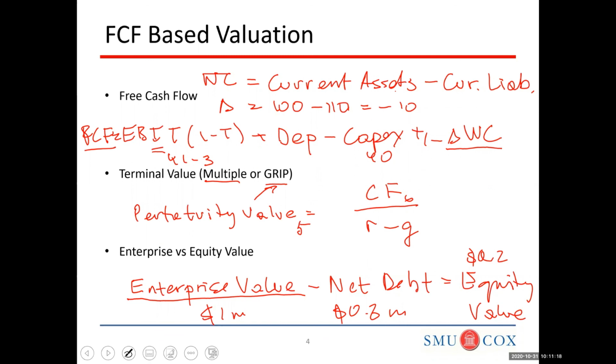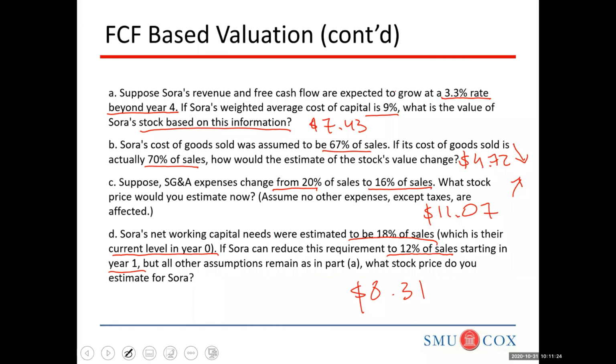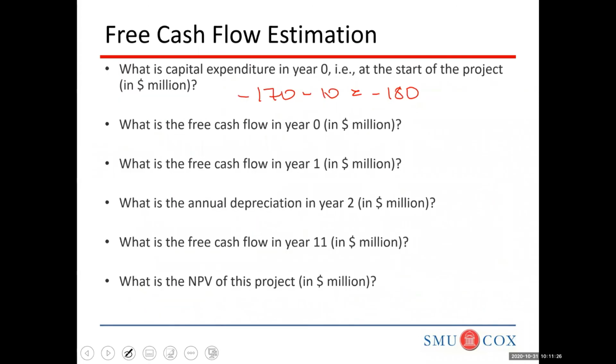So the only thing that's happening in year 0 is CapEx, right? No change in working capital. So the free cash flow in year 0 is actually minus 180. And then free cash flow in year 1, that's when we put money into working capital, minus 7.